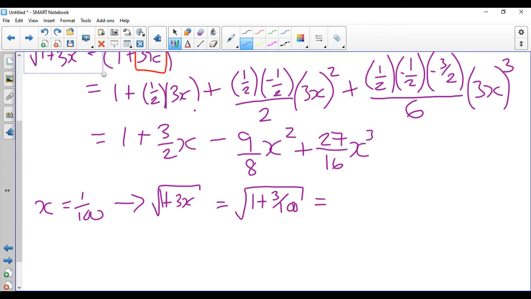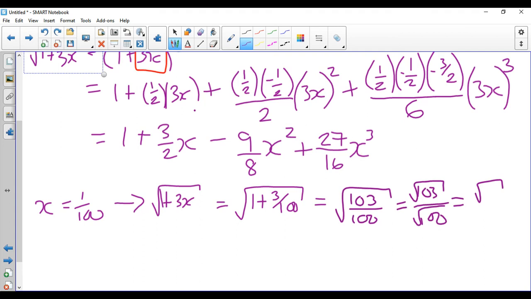Now, add that together. 1 is the same as 100 over 100, so that is 103 over 100. My surd skills tell me that's the square root of 103 over the square root of 100, which is the square root of 103 over 10. Now, it was a show that, so I have added more steps than I might normally do.